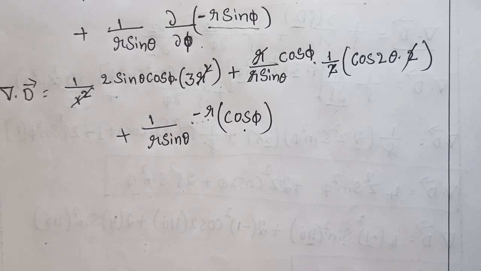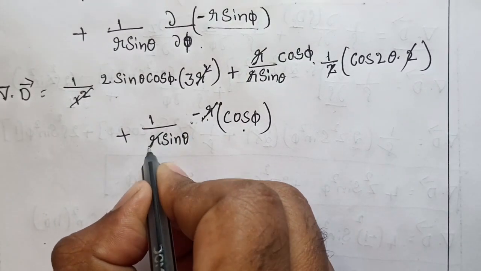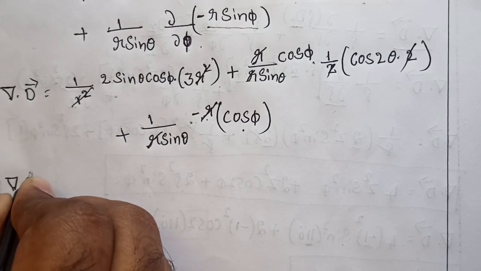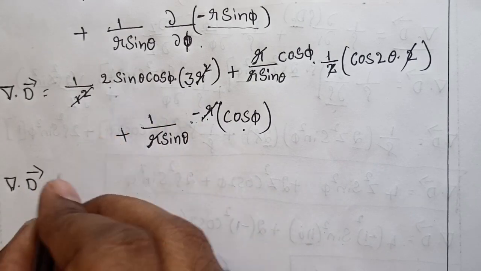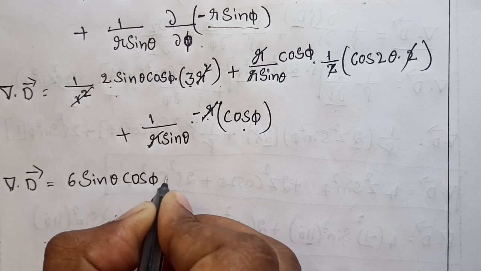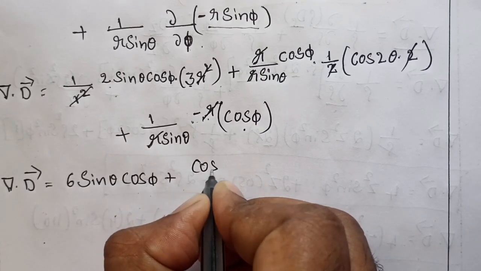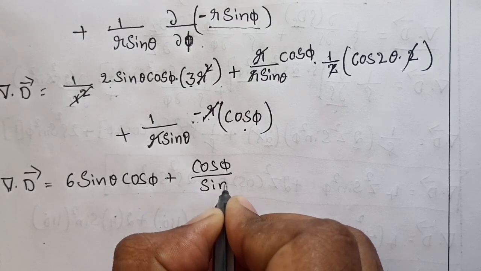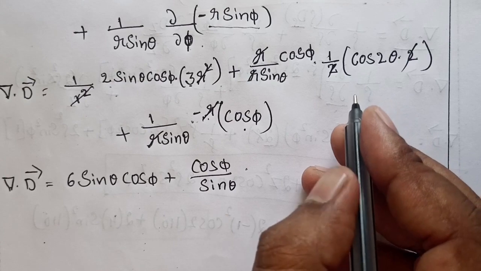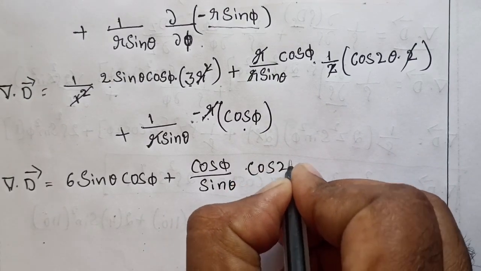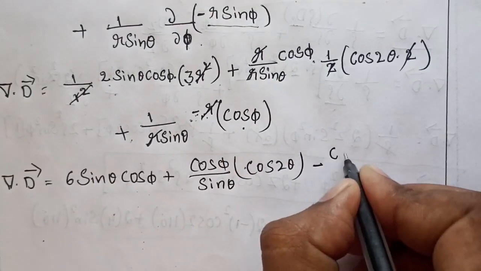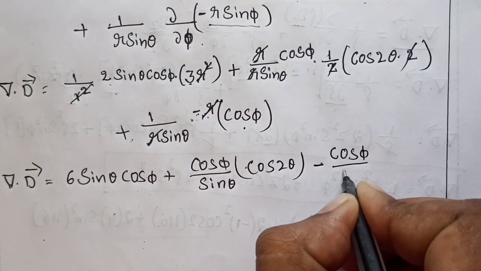If you further simplify, r and r get cancelled. So I'll rewrite this equation: del dot D equals, 3 times 2 is 6, so 6 sin theta cos phi, and the second term is cos phi divided by sin theta into cos 2 theta, and the third term is minus cos phi divided by sin theta.